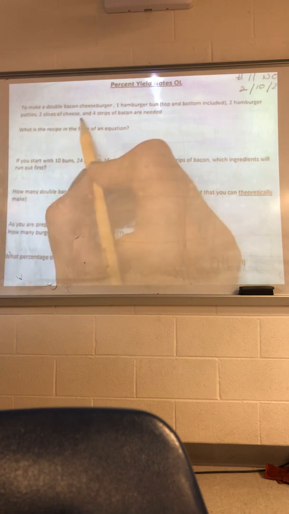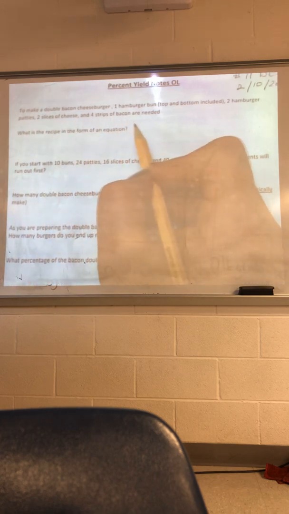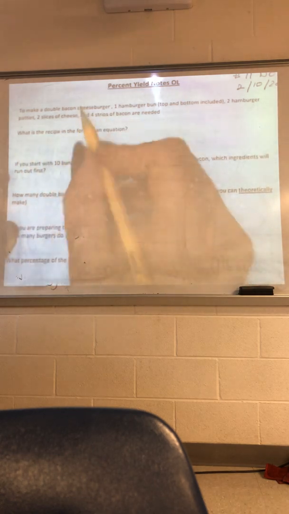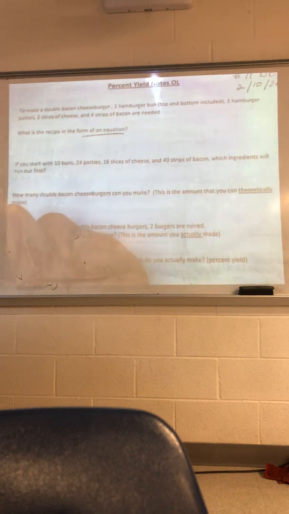included, 2 hamburger patties, 2 slices of cheese, and 4 strips of bacon. Right? What is the recipe in the form of an equation?